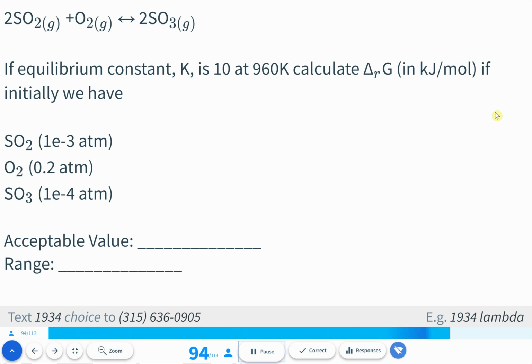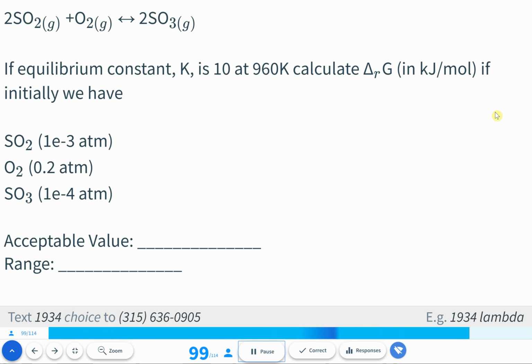I don't know if that's the right answer, but this looks correct. Oh, no, yeah, it looks correct. I think that might be a math error though. But anyways, once you've got this, then the next step is that's the same number that goes up here. Now for Q, I've given you the partial pressures, so you can actually plug in and solve what Q is and solve for delta Rg, because you'll know everything at that point. So you just solve for delta Rg.